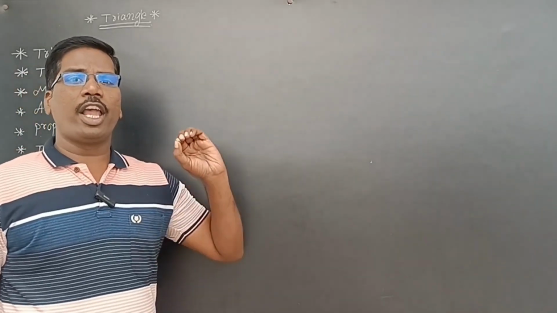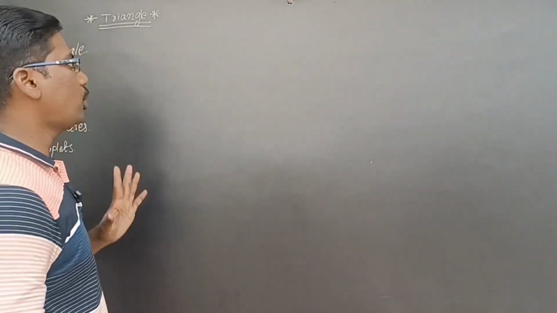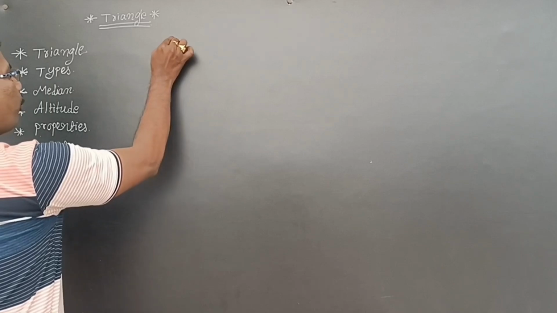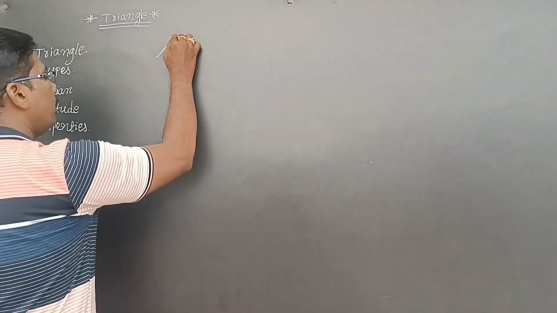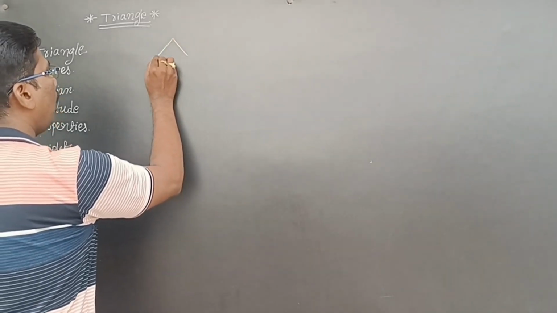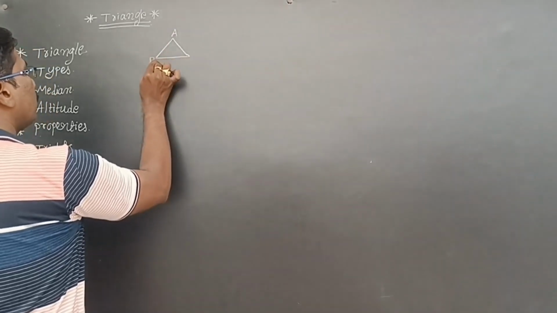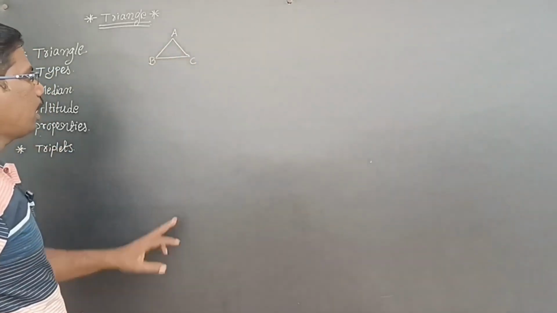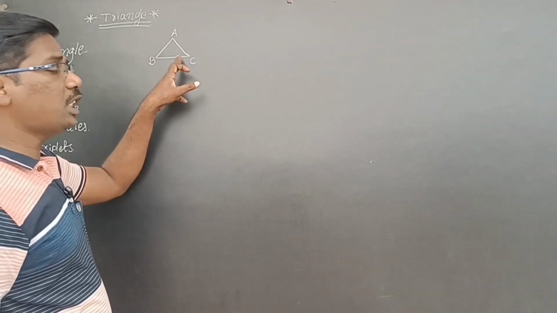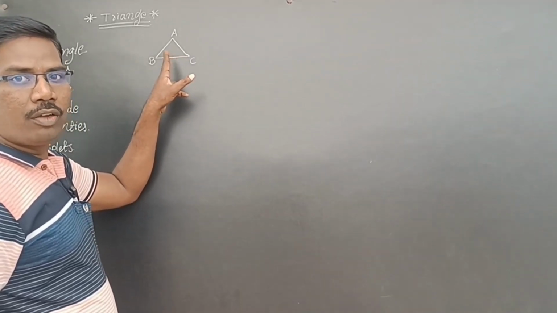Triangle means a polygon with three sides is called a triangle. Otherwise, we can say a simple closed figure which is formed by line segments.